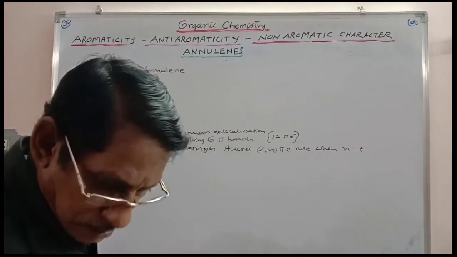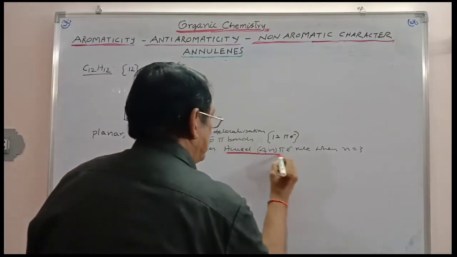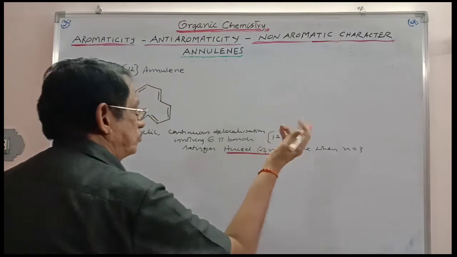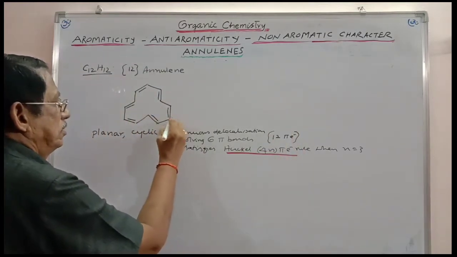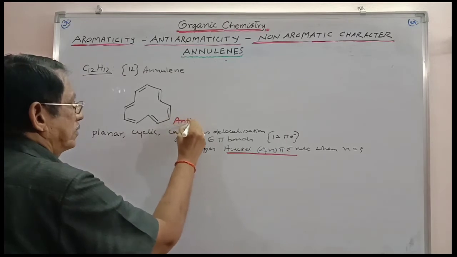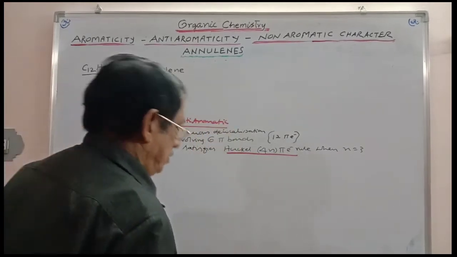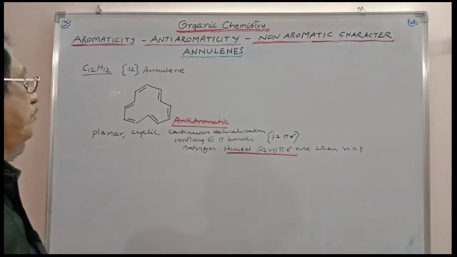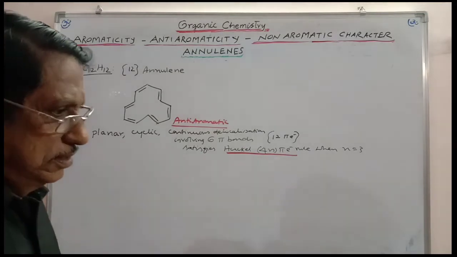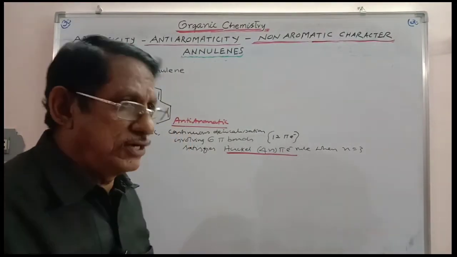So the 4n pi electron rule is satisfied here. n is equal to 3 means 3 into 4, 12. That means this should be anti-aromatic. Is it true or not? The NMR spectrum also supports its anti-aromatic character.